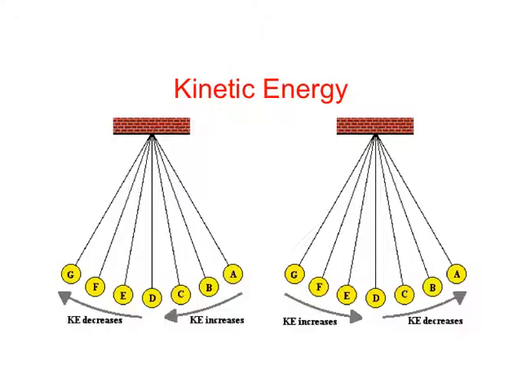Okay, let's look at these pendulums. If I take a ball and I raise it up to position A and it stops, now I have the highest potential energy. As I let it go, the kinetic energy is increasing as the potential energy is decreasing until I hit D, where I have the highest kinetic energy.